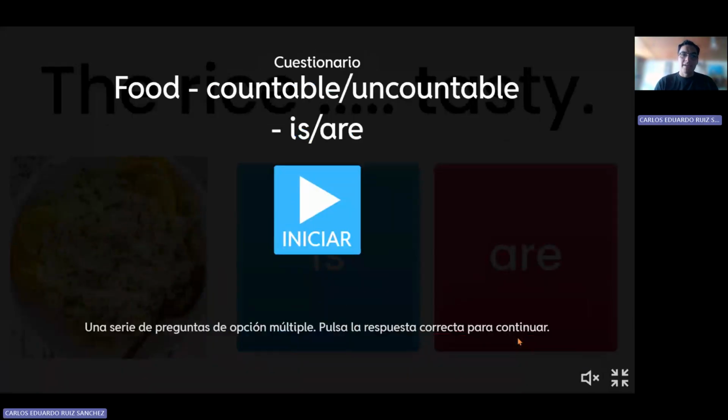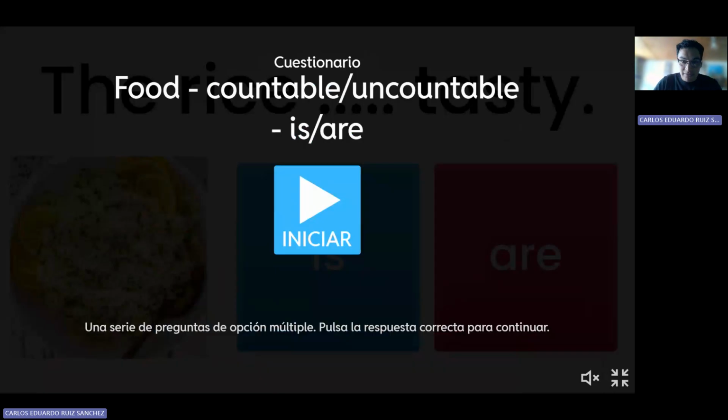Yes. And countable food here. So we got countable and uncountable with is and are. In this case, the game is about food.